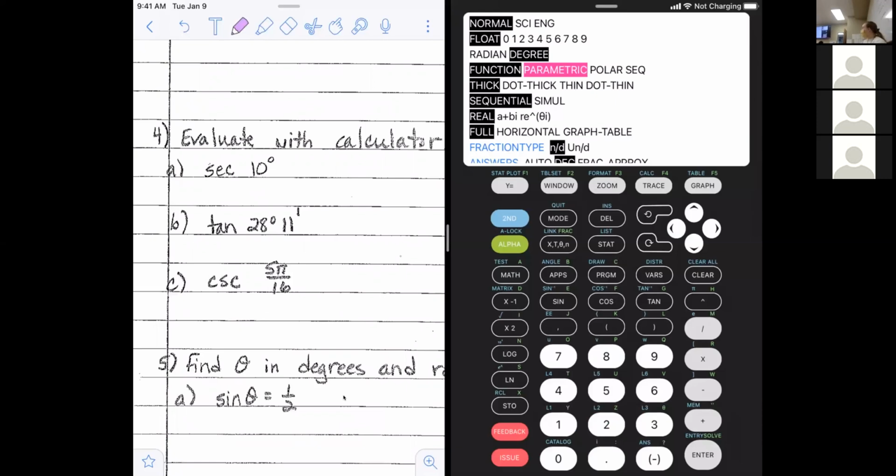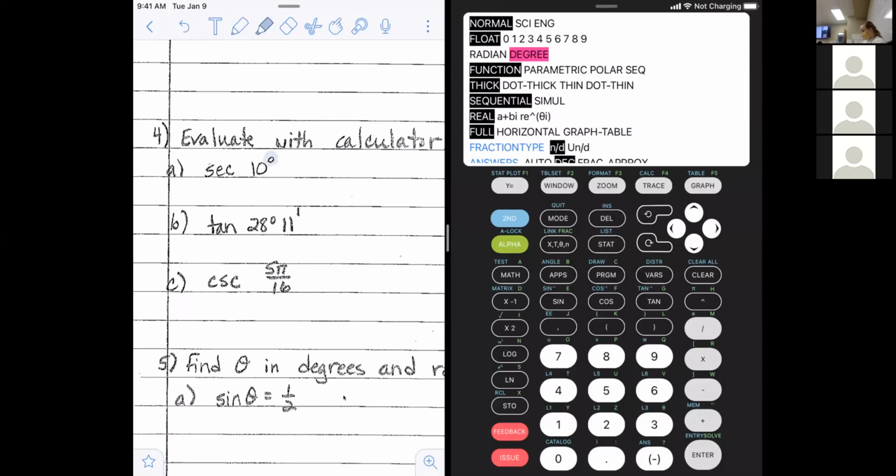What we're going to do now is the radian and degree line is going to be super important to us. So if we are plugging in a number that has a degree, then we need to press the degree button. That way both me and my calculator know I'm doing degrees. Like for letter A, that says 10 degrees, so I'm going to use the degree button there.